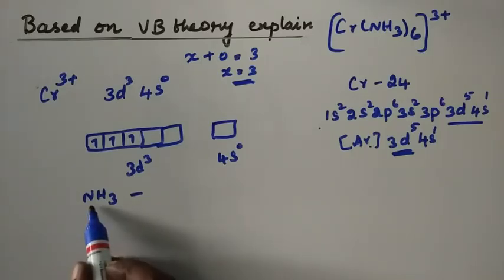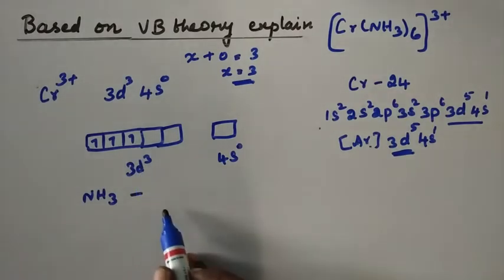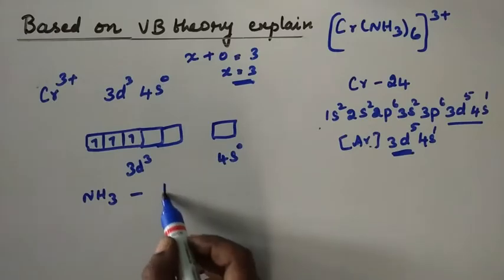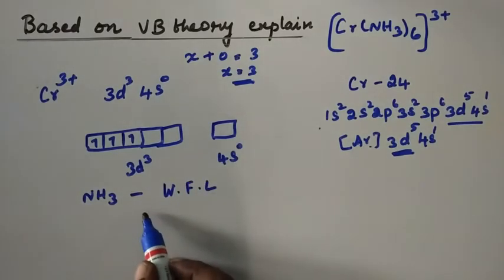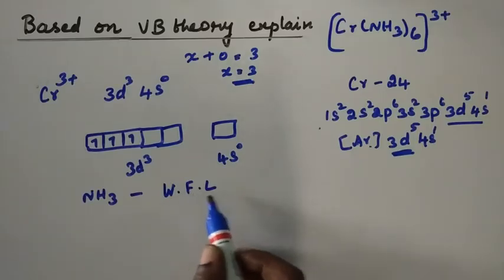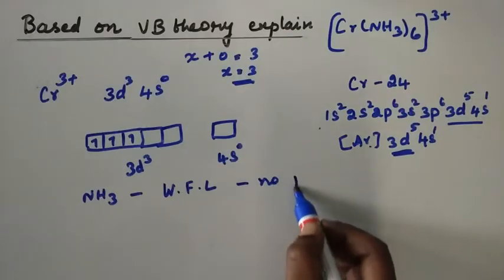If nitrogen is present, it is strong field. So ammonia is a strong field ligand. But here this ammonia behaves as a weak field ligand. This is an exceptional case. Here it acts as a weak field ligand. So no pairing.